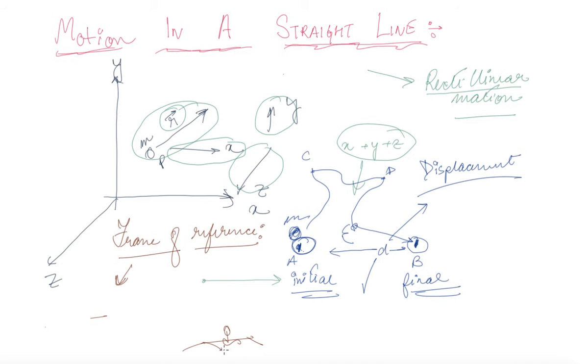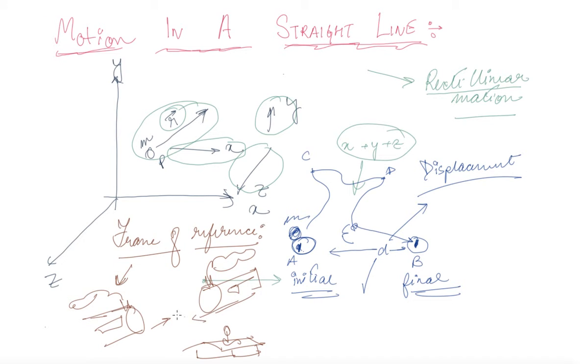So this is the person who is sitting in a house. And there are two trains. One train is going in this particular direction. The other train is moving in the opposite direction. So these are the two trains coming from opposite directions.